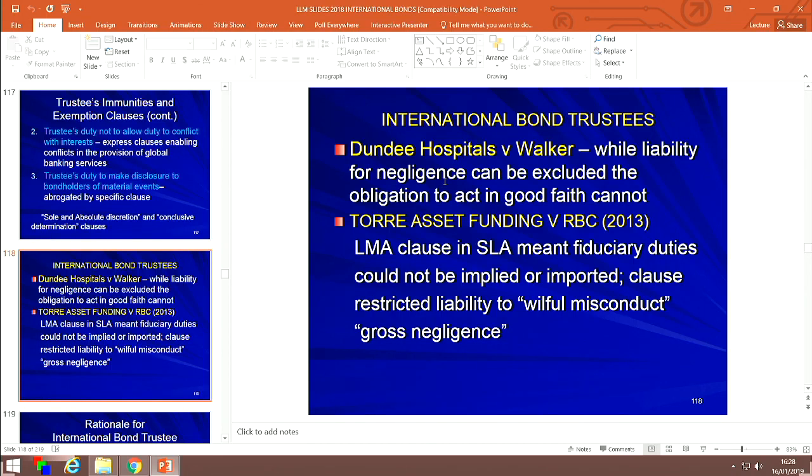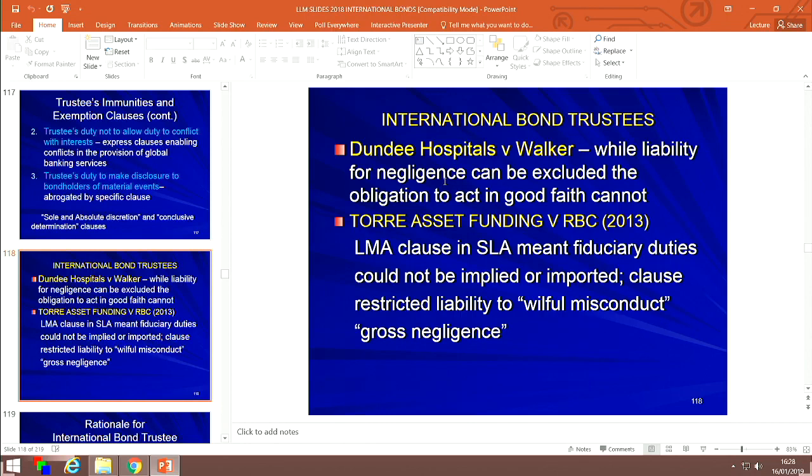The next one that you need to think about is that there's an LMA clause which you've probably come across before. This idea of restricting liability to willful misconduct and gross negligence. Now, if that clause is used in relation to a bond trustee, and it is sometimes used, the trustee's liability shall be restricted to willful misconduct and gross negligence.